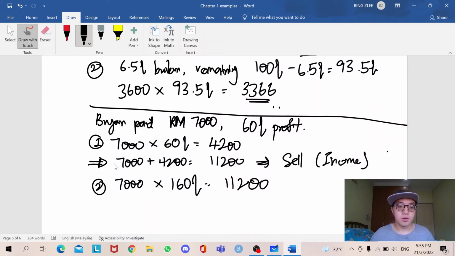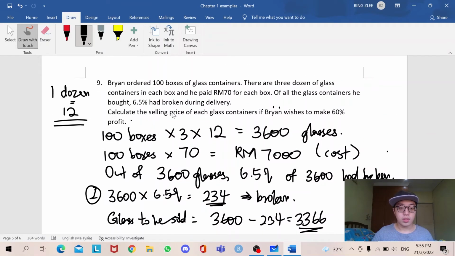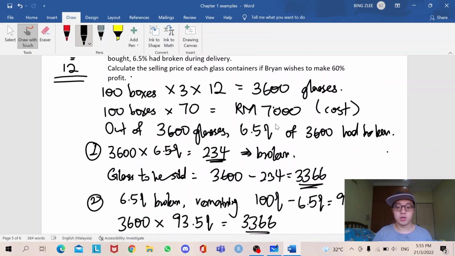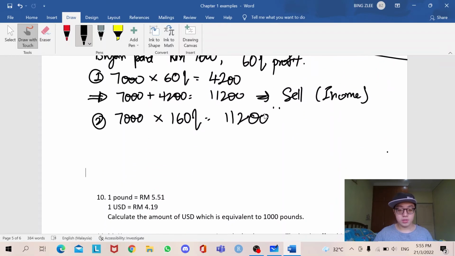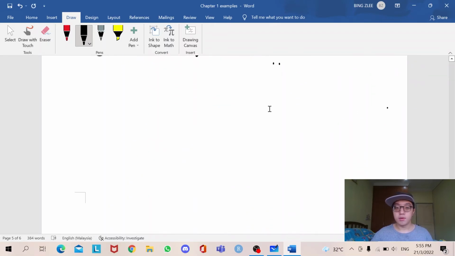Okay. So next thing, if we are to sell 11,200, the question is asking for the selling price of each glass container, right? So now, how many spaces do we still have? All right.